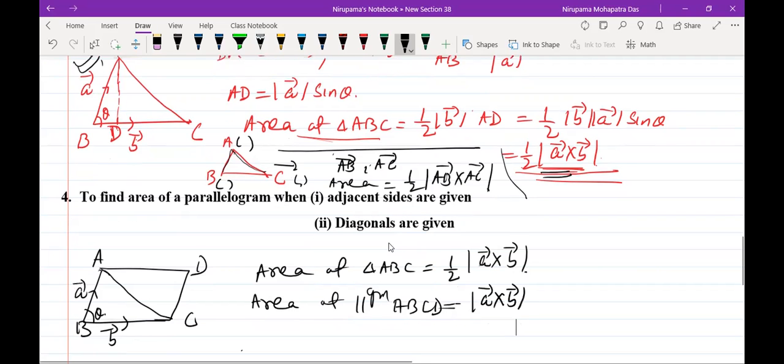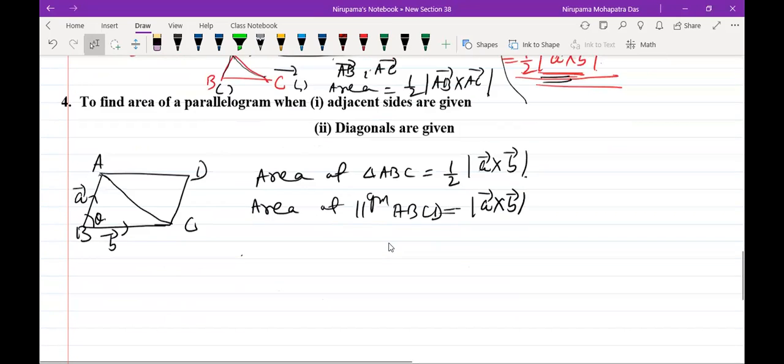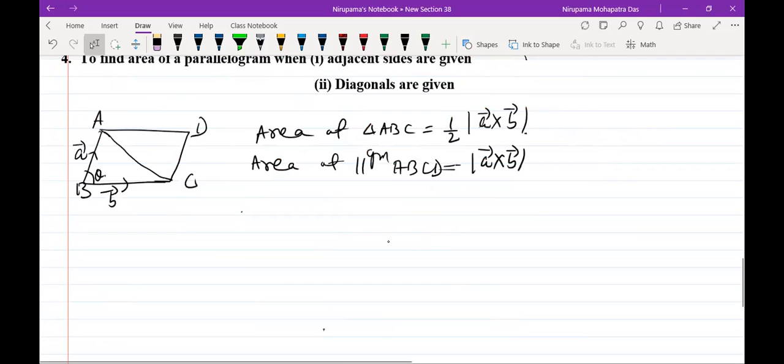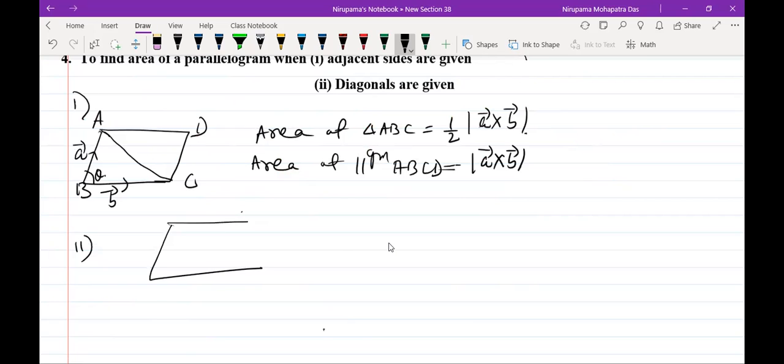The second case is when the diagonals are given. The first was the adjacent sides; now the second part. In case you are given the diagonals, this is also easy. Take A, B, C, D. Since we are taking magnitude, we don't have to worry about the plus or minus sign here. Suppose AC is D1 and BD is D2.